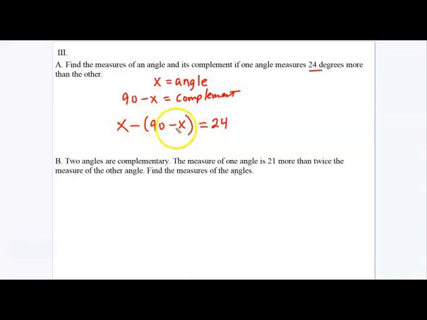And so now I just solve for X. So this is really X minus (90 minus X). Remember, we're just going to distribute negative 1. So that makes plus X equals 24. 2X minus 90 is equal to 24. 2X is equal to 114.